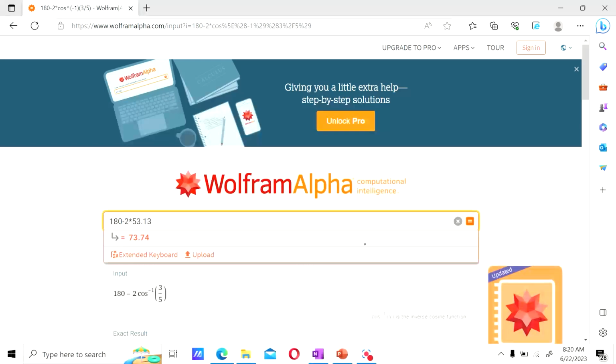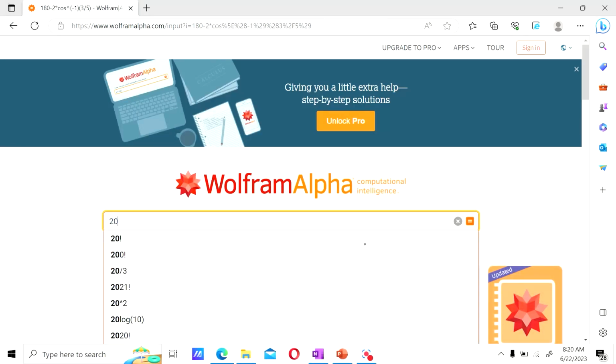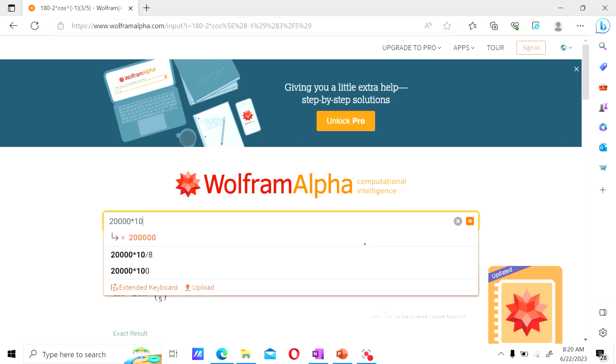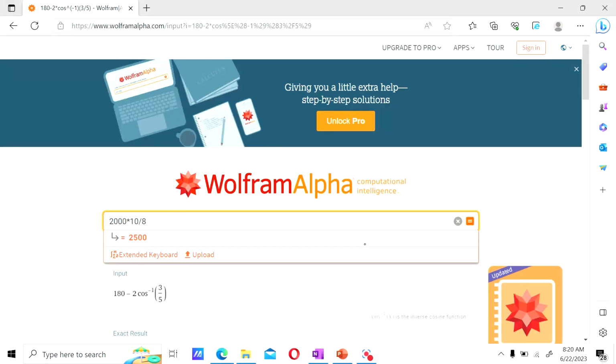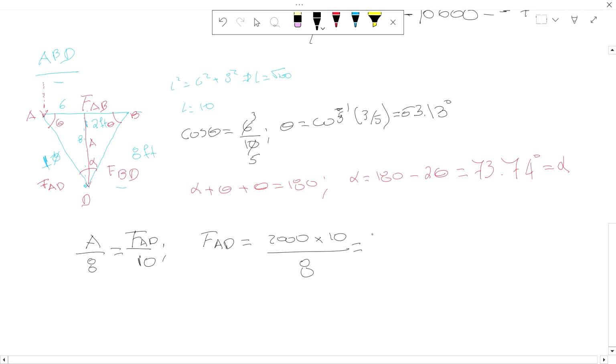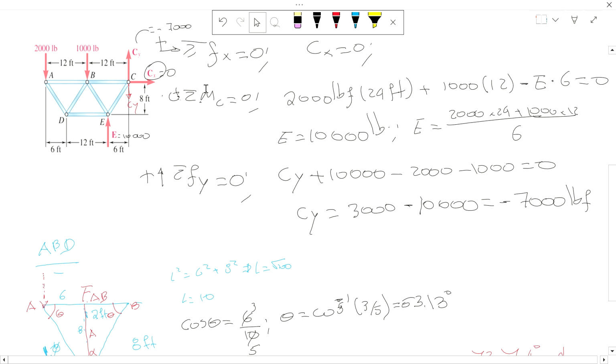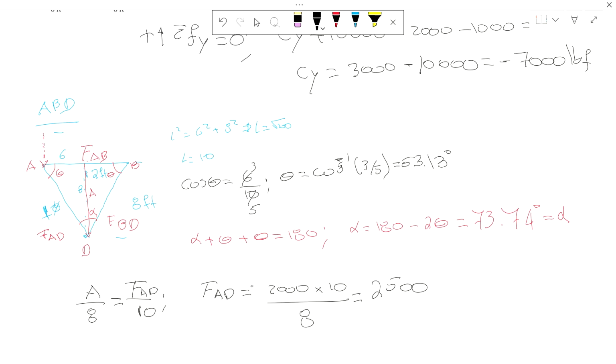Let's use the calculator. 2000 times 10 is 20,000, divided by 8 is 2,500. Well, actually, it is not positive, because we have a negative 2,000 here. So this is negative 2,500, right?